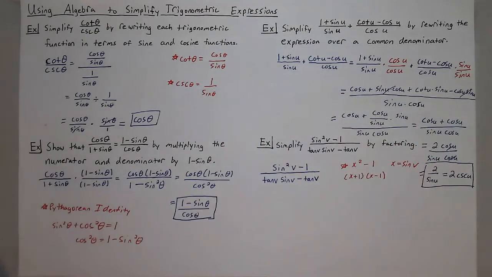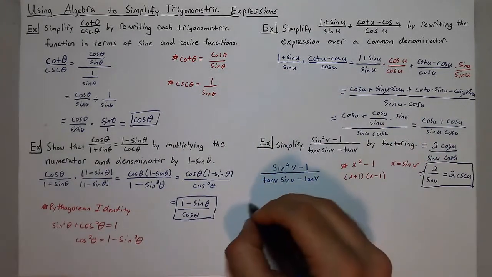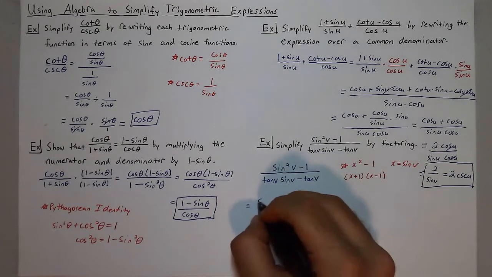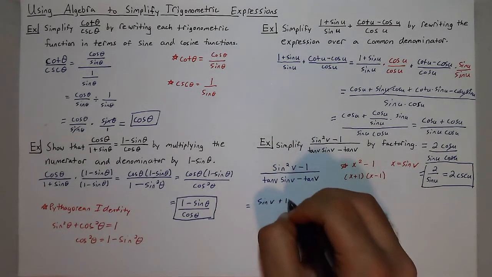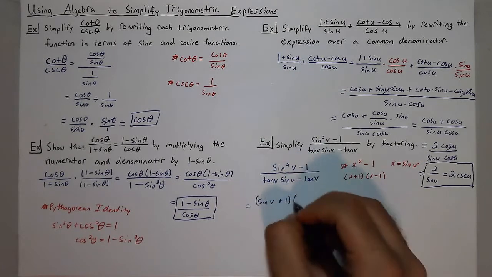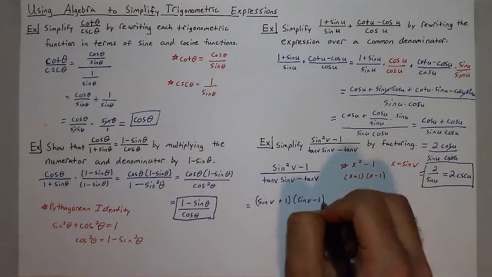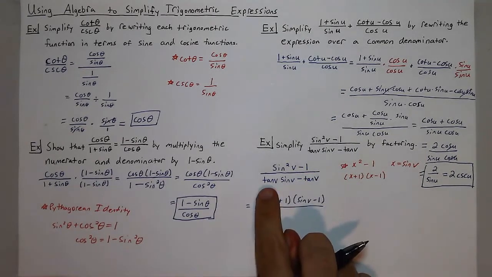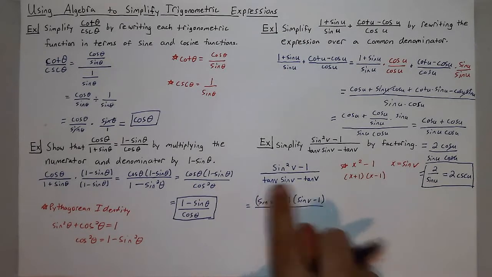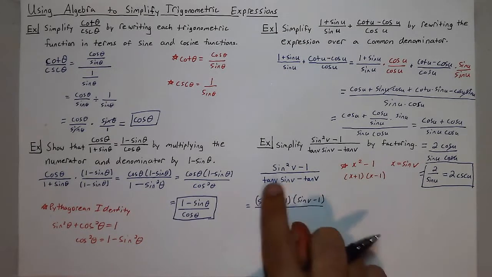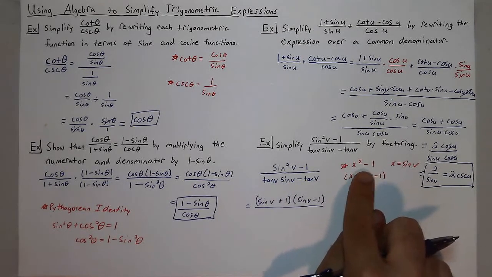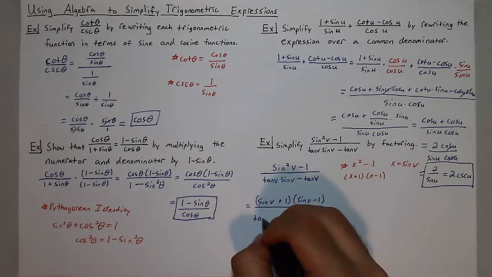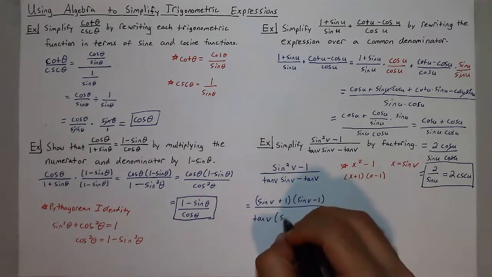And I can rewrite this expression on the left as sine of v plus 1 times sine of v minus 1 all over tangent v sine v minus tangent v, which also has a common factor, which I don't have to factor like x squared minus 1, but I could just factor out a tangent of v, and I'll be left with sine of v minus 1.